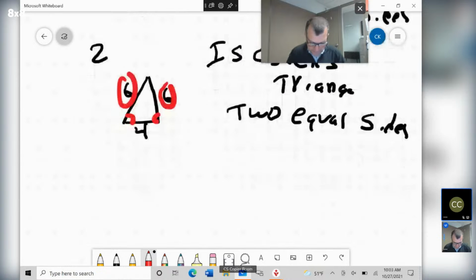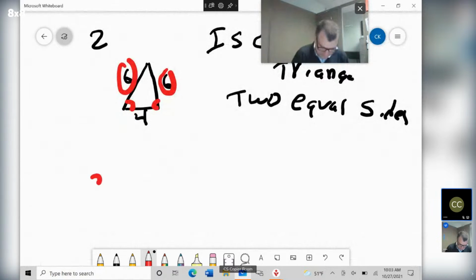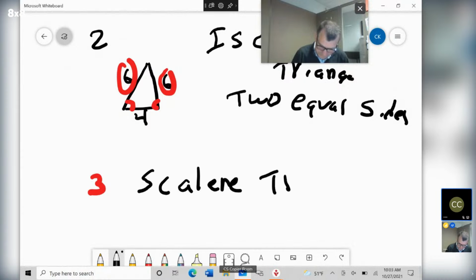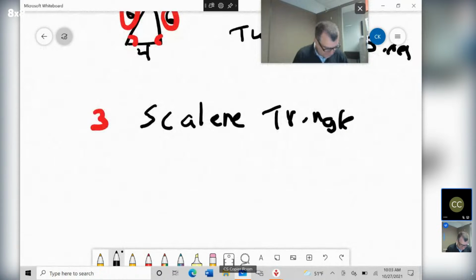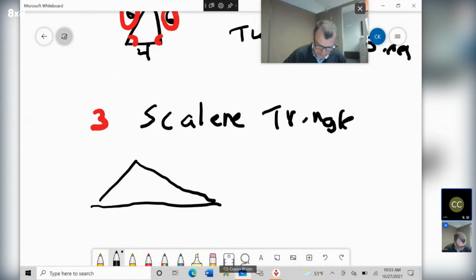The third one I want to look at is the scalene. What a scalene is, is no equal sides.